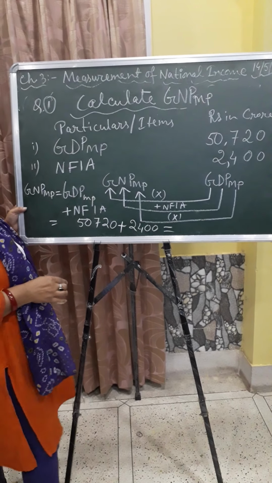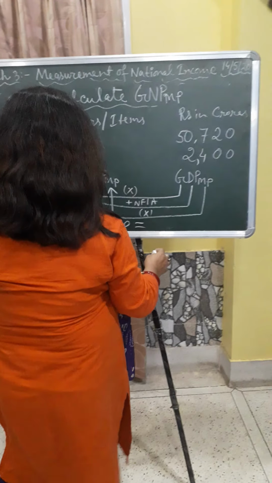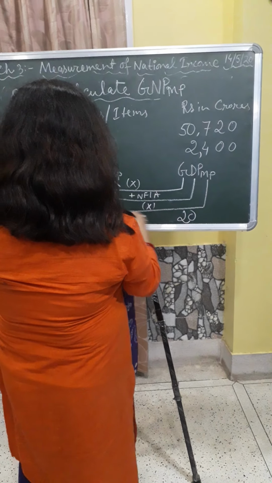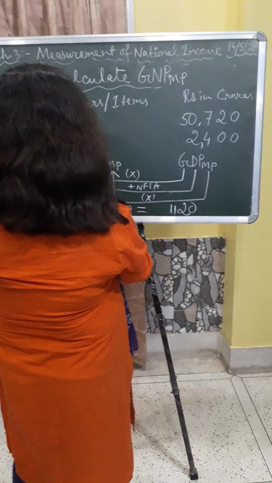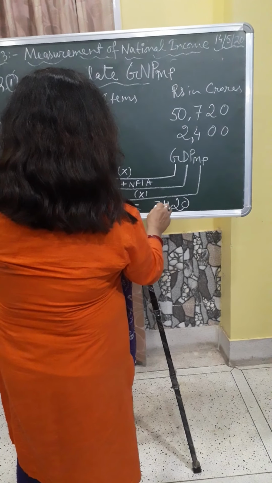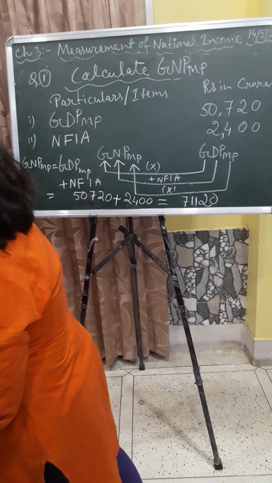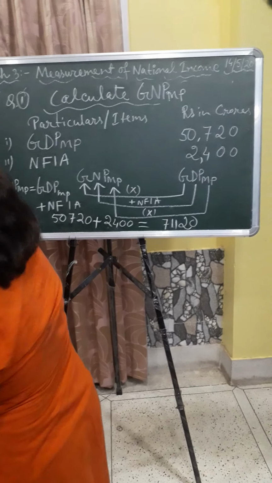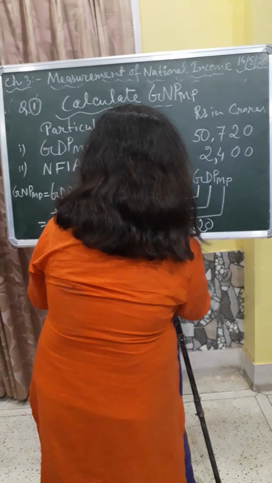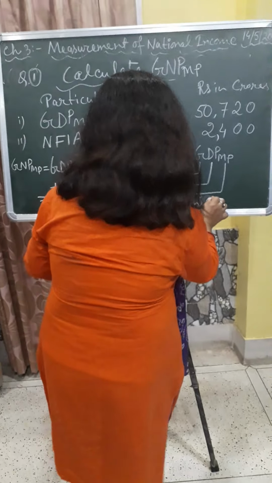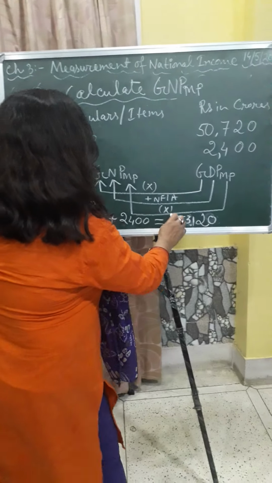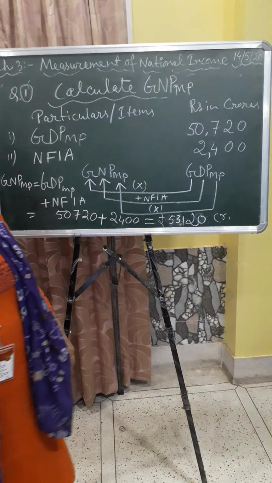So you calculate the value. The answer will be 5312. At last you have to write rupees in crore.